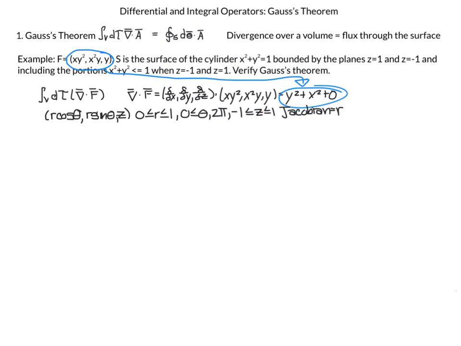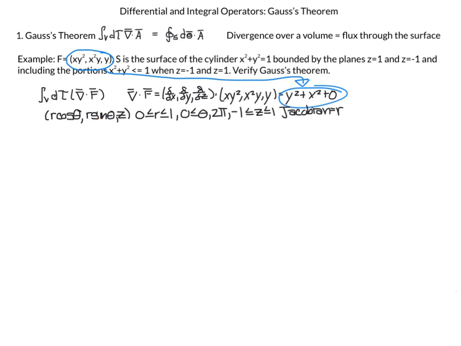And one thing I'm going to mention now, what makes this a volume is the fact that we let r go from the center of the cylinder all the way out to the surface of the cylinder. If we wanted a surface, we would just set the radius equal to the radius of the cylinder, which is equal to 1. So instead of having r cosine theta, we would just have 1 cosine theta, 1 sine theta.